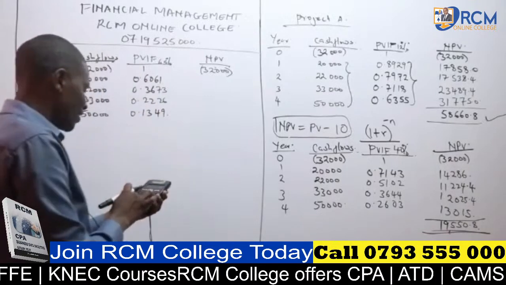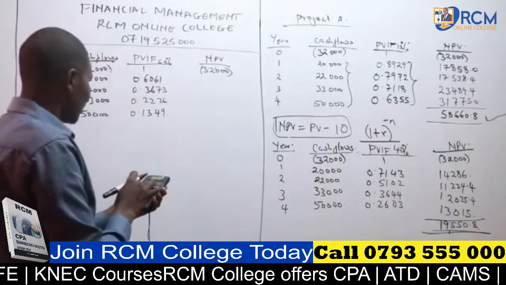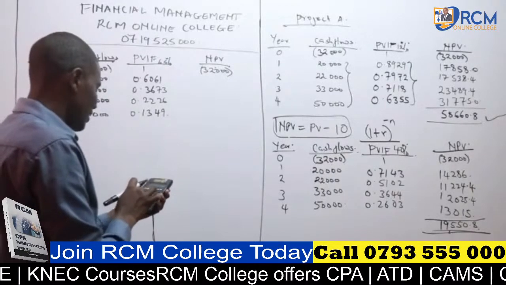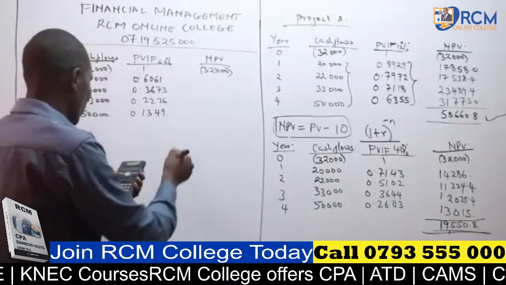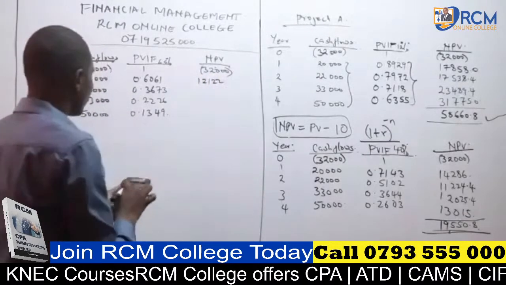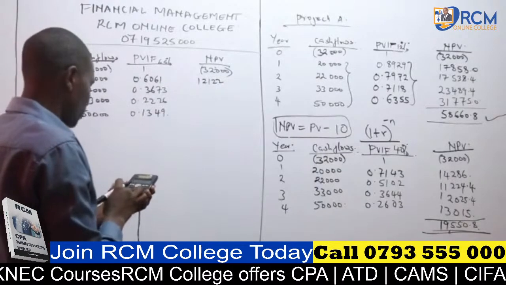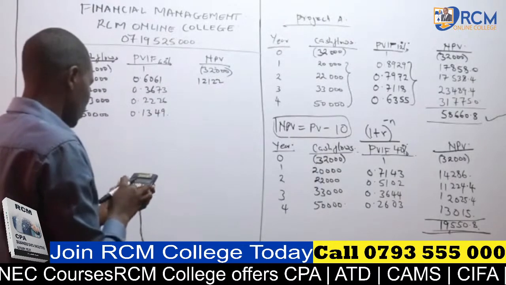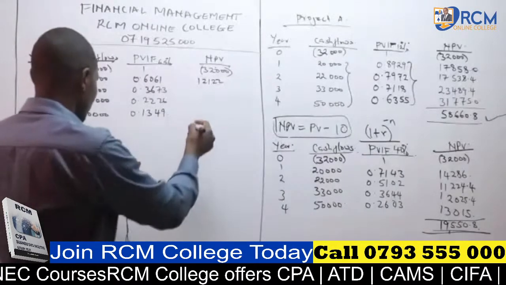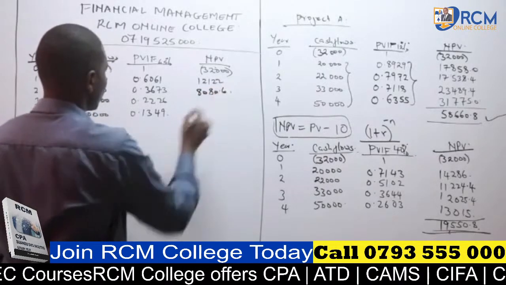Let's try. 20,000 times 0.6061 is 12,122. 22,000 times 0.3673 is 8,080.6.